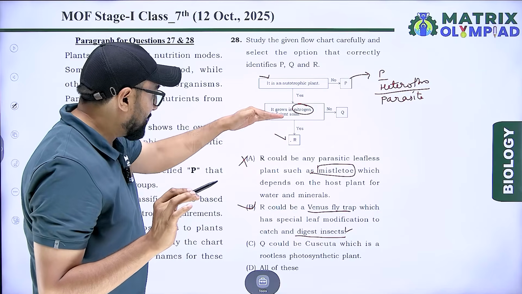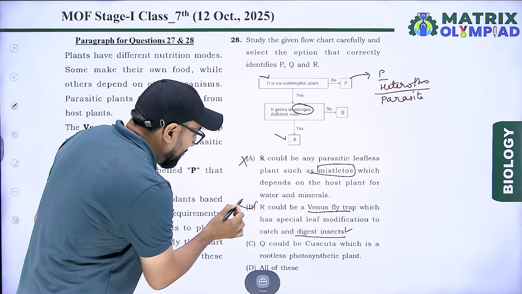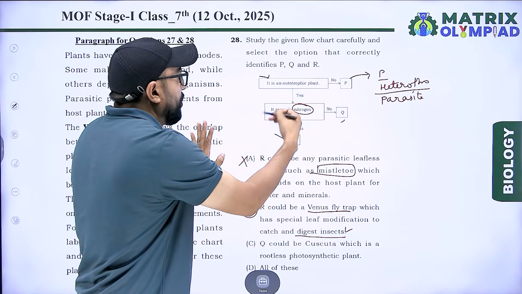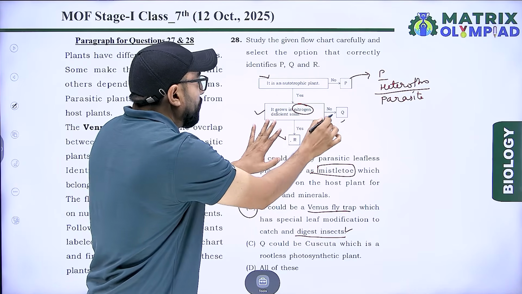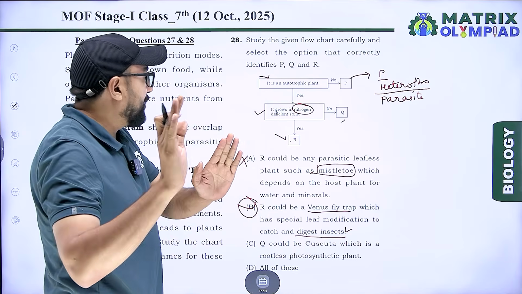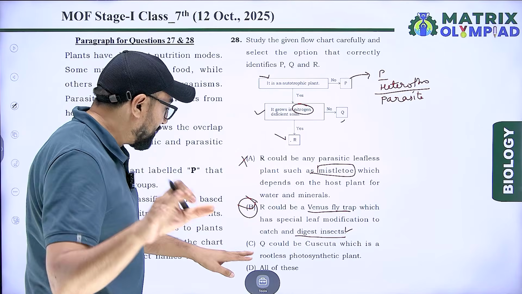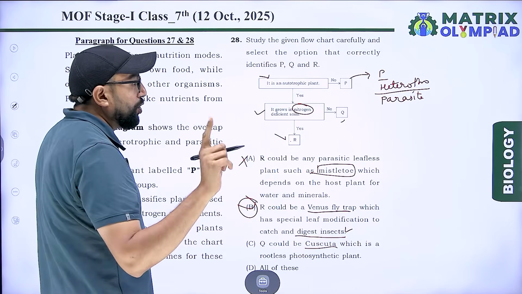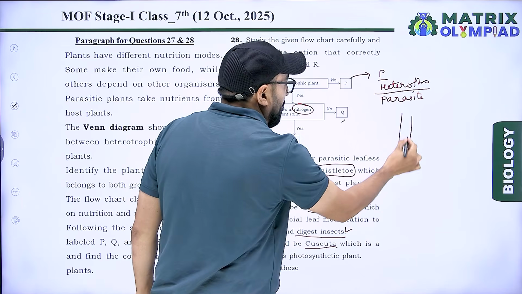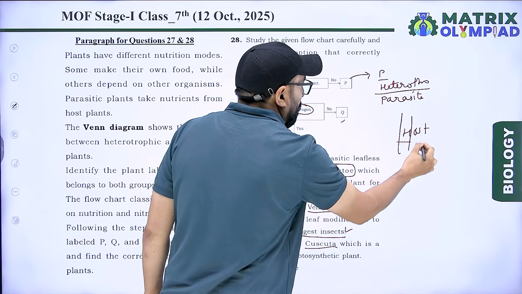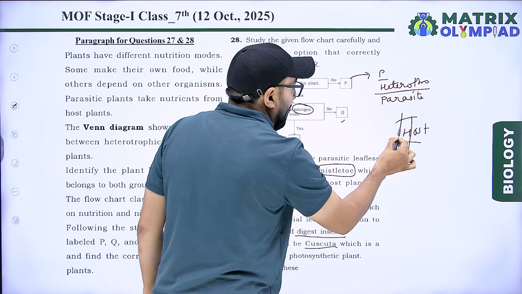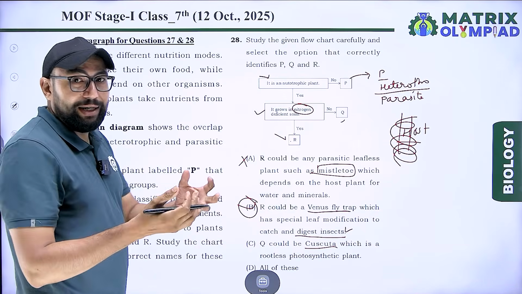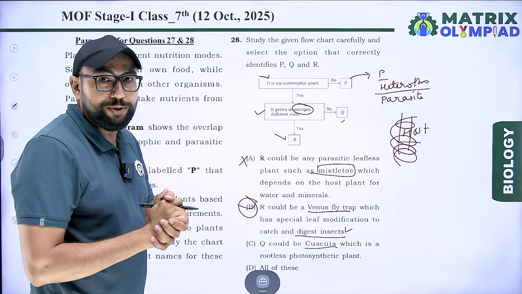So R is right, option B is right. And Q, if it does not grow in nitrogen deficient soil, could be cuscuta, but cuscuta grows on another plant's body. The other plant body is the host, and cuscuta grows on its upper surface and gets nutrition from that host plant.